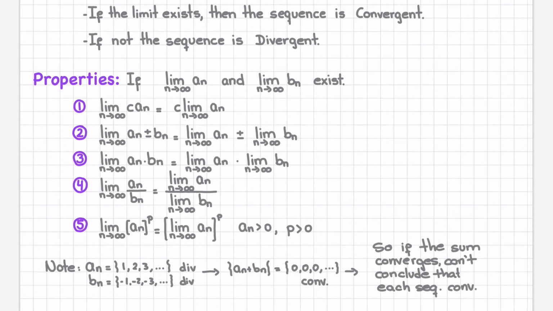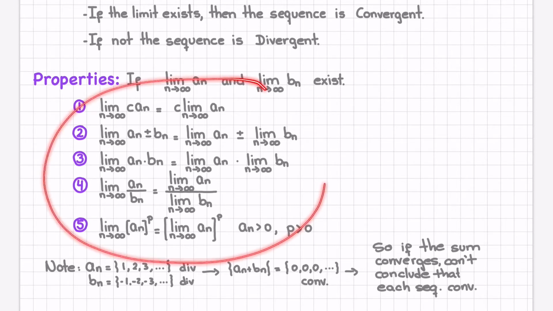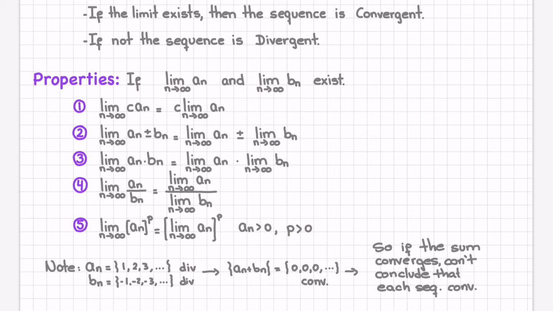Okay. Properties. You have already seen these properties all over the place. When you take the limit of a sequence, that is, what the sequence is approaching as you go to infinity, the constants come out. Property 1: the limit splits over addition. Property 2: the limit of the multiplication is the multiplication of the limits.